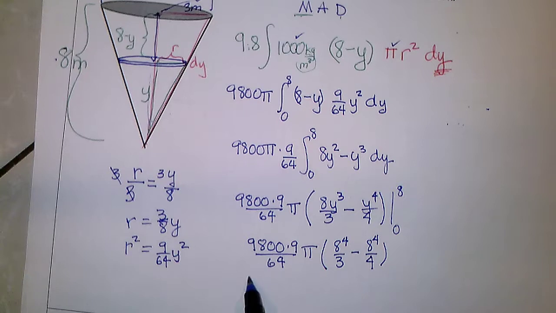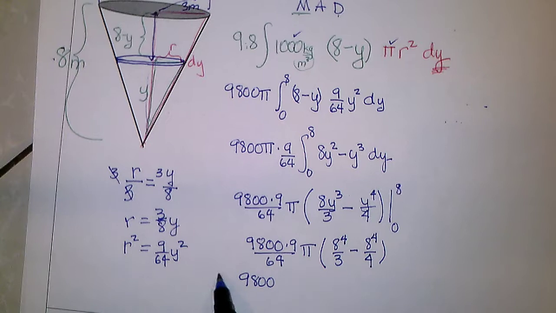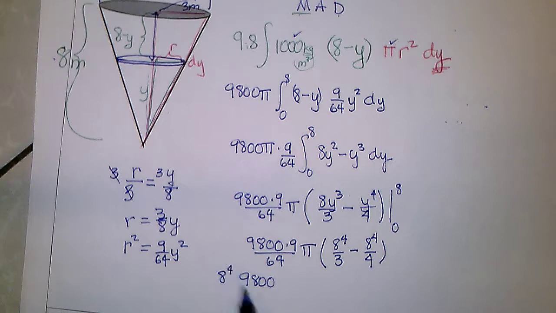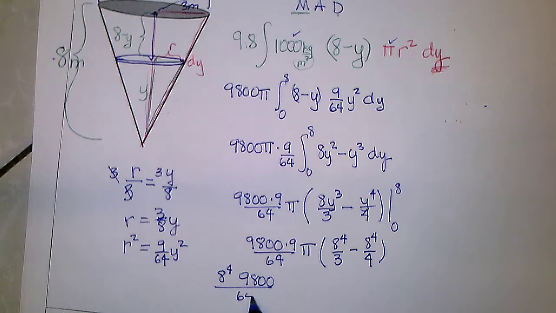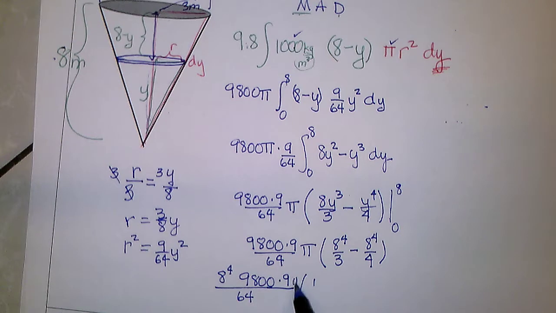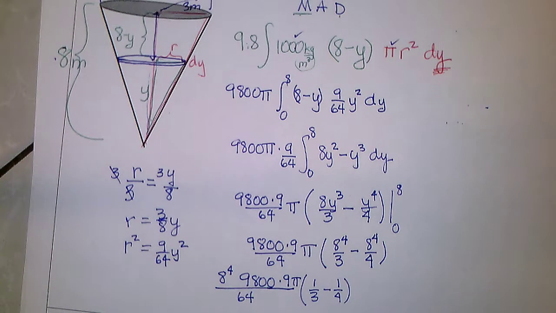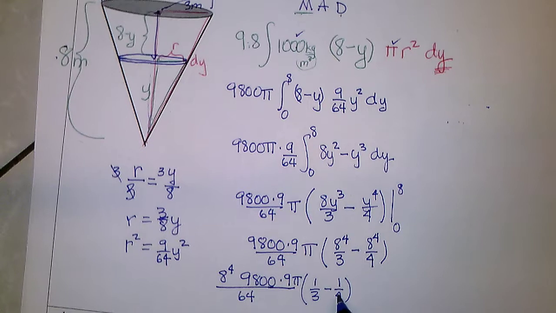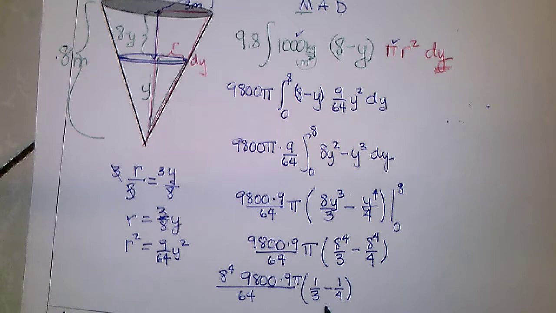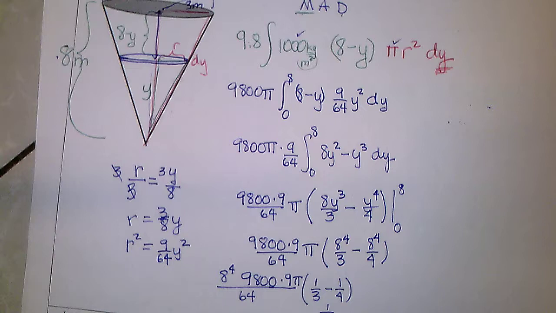So I'm going to have 9800, 8 to the 4th, 64, a 9, and a pi. And I'm going to have 1/3 minus 1/4. So that's 4/12 minus 3/12, which is 1/12.